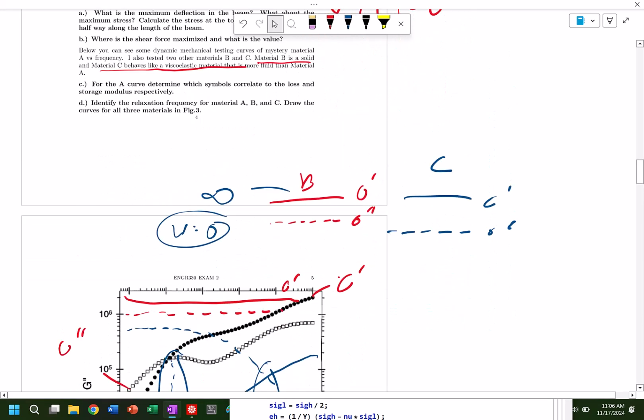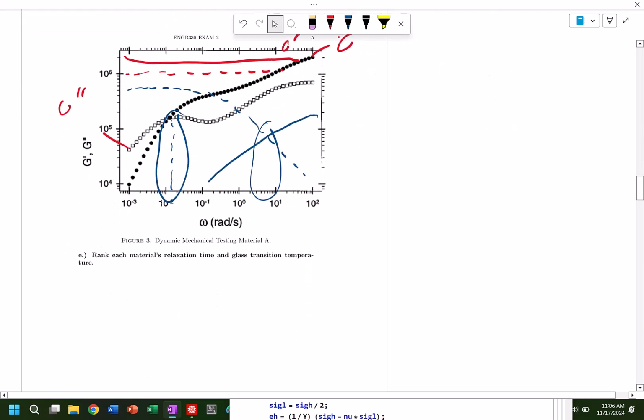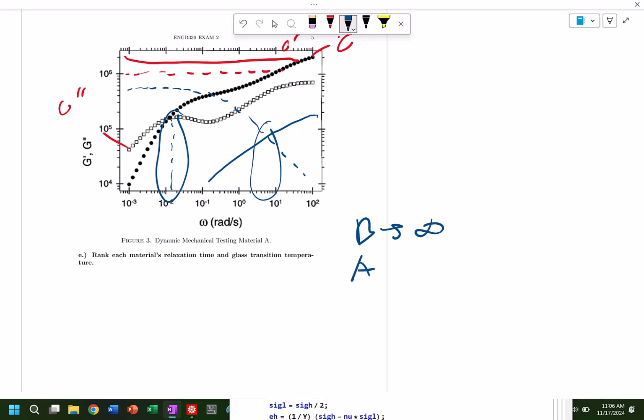And draw the curves. What about the time? Again, for B, the relaxation time will be infinite. The relaxation time for A, which is this, will be longer than that for material C because it's more solid. That makes sense because my relaxation frequency is smaller.